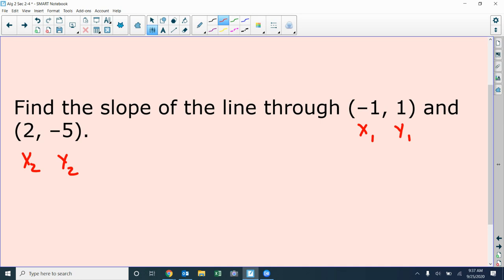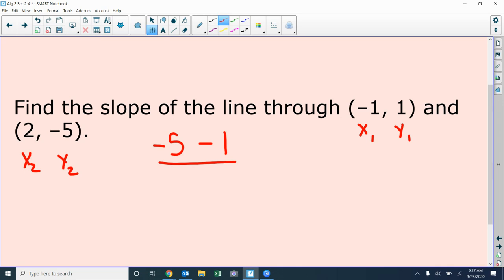Change in my y. So I'm gonna have -5, I'm gonna have minus a -1. So I'm gonna have +1 right there. It's gonna be -1. I messed that up. Just gonna be -1.